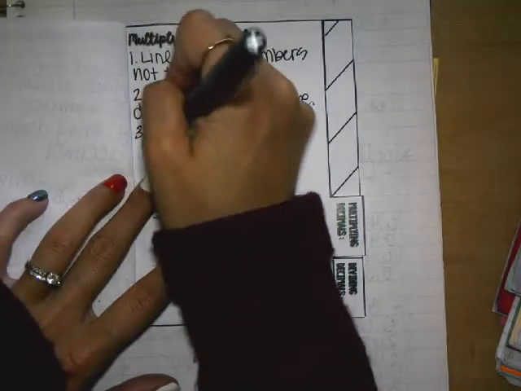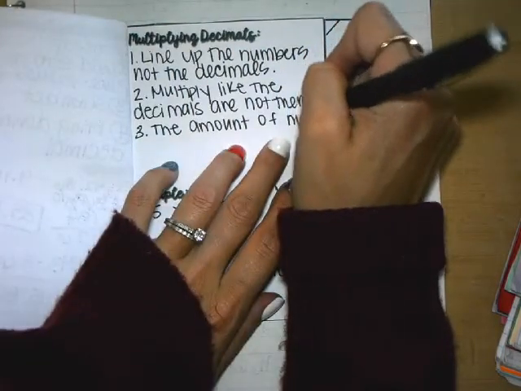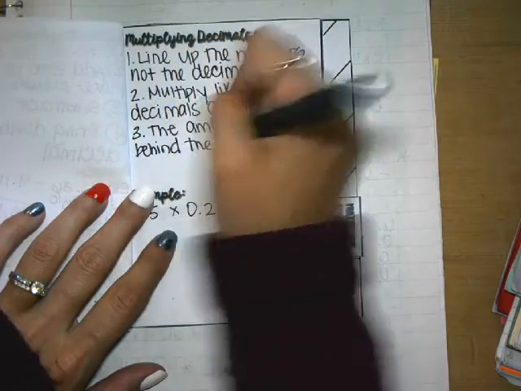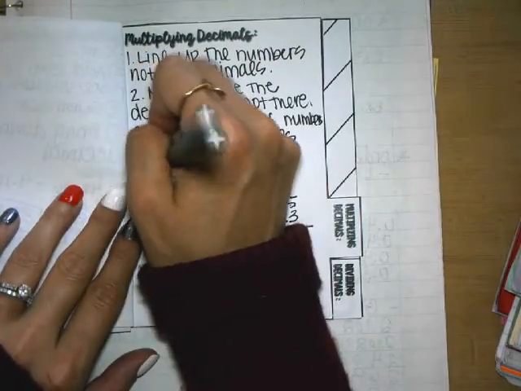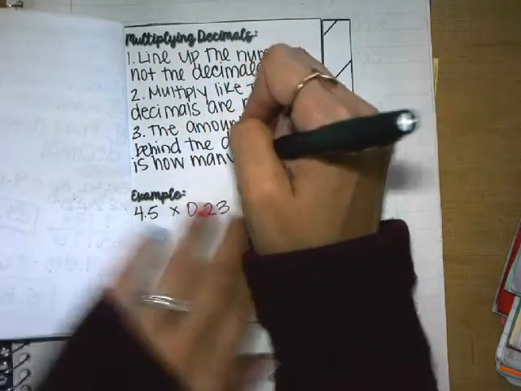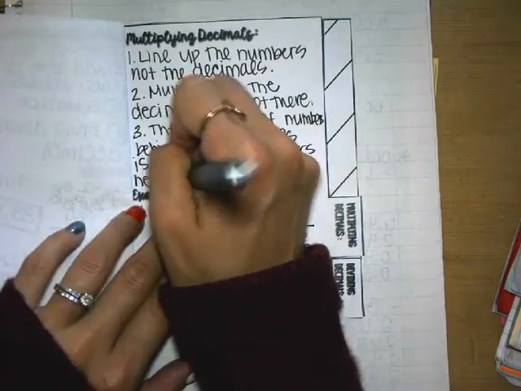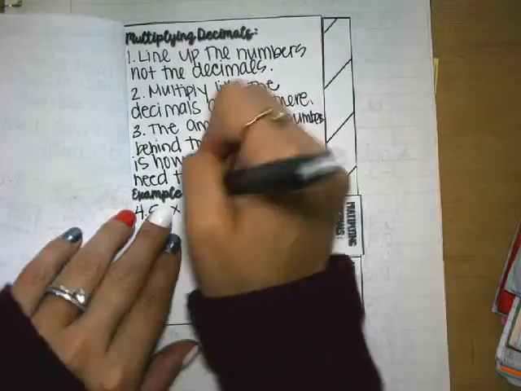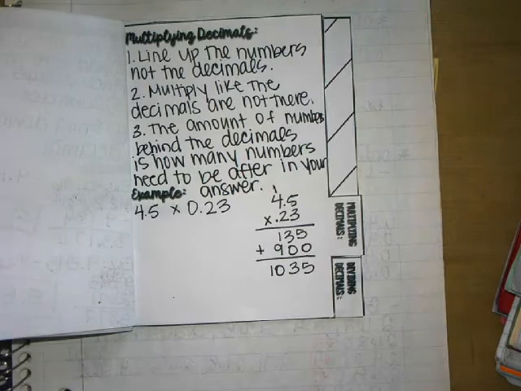The amount of numbers behind the decimal is how many numbers need to be after in your answer.